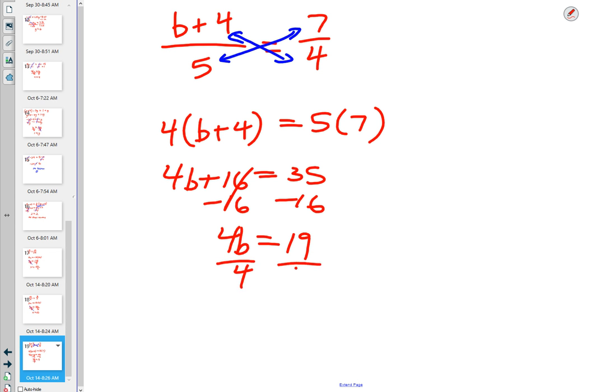So if you divide by 4, 19 cannot be divided by 4 or reduced. So just leave it as 19 over 4. Finito.